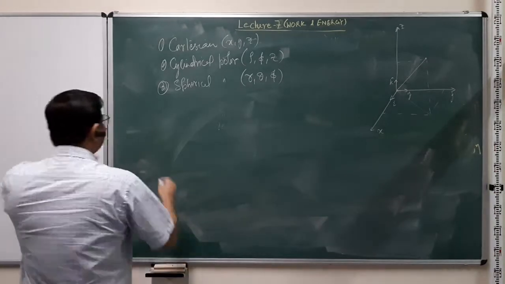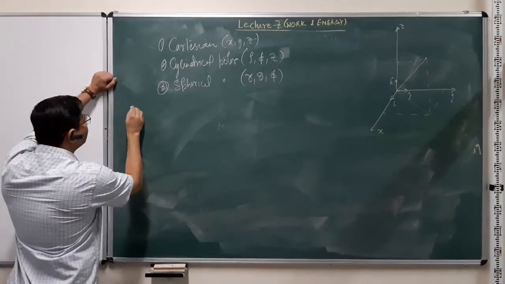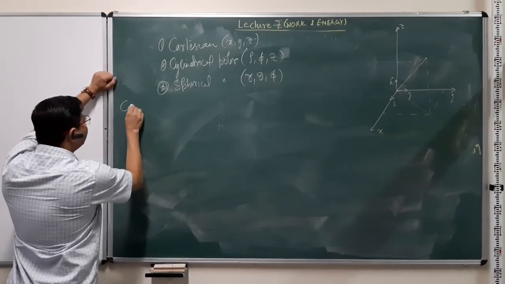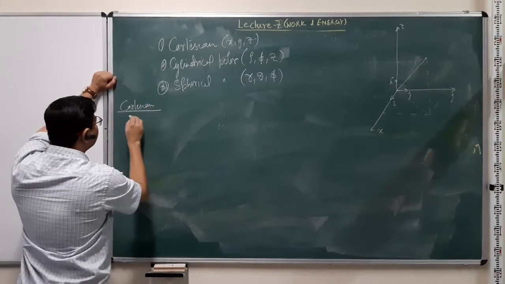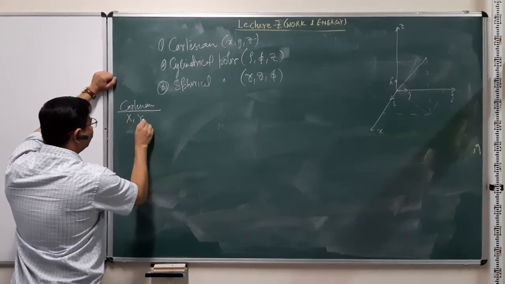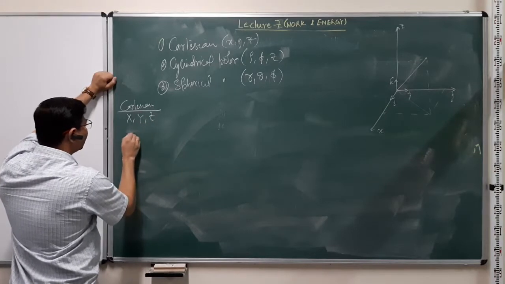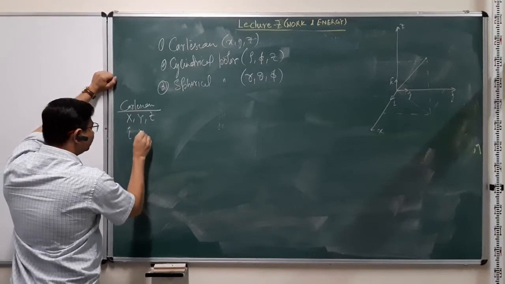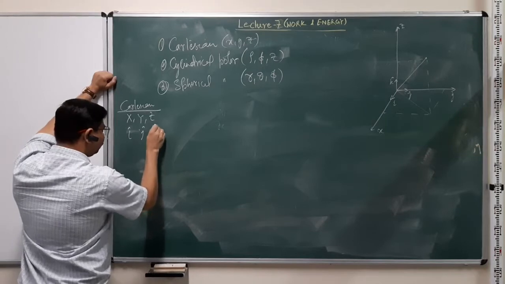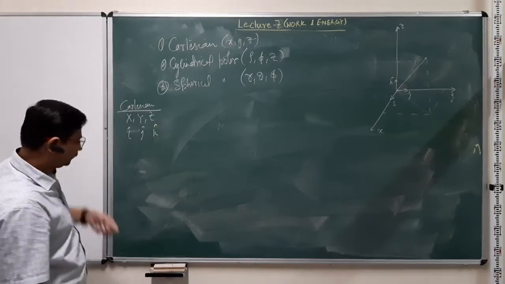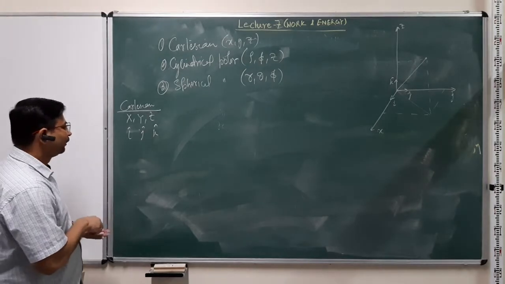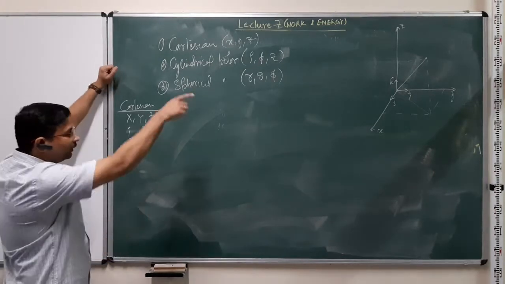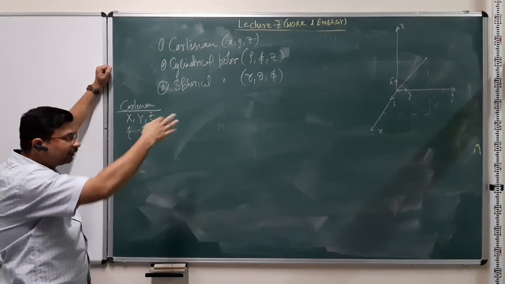So for Cartesian, the coordinates are x, y, z. Unit vectors are i cap, j cap, k cap. Normally you can identify that if the cap is put here, that means a unit vector.